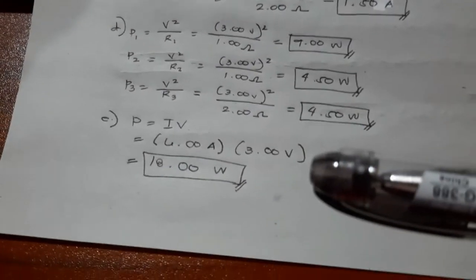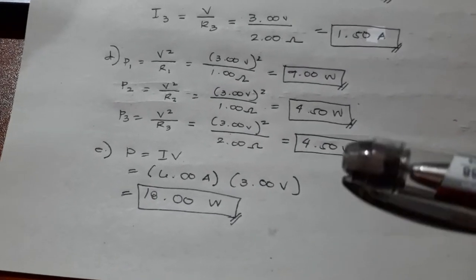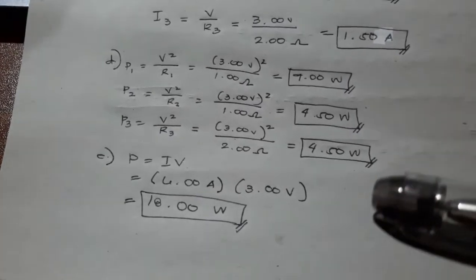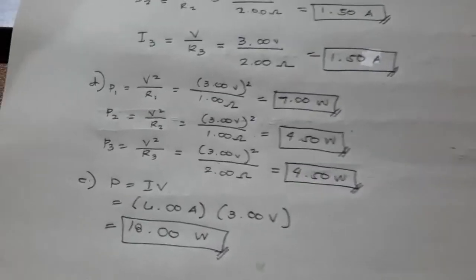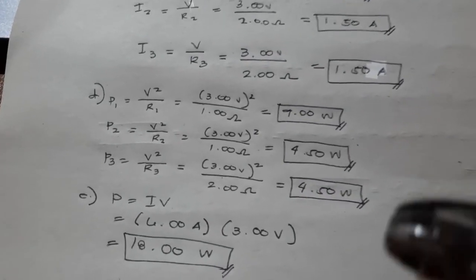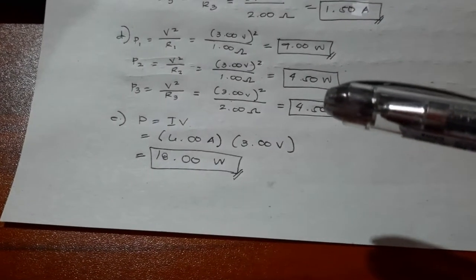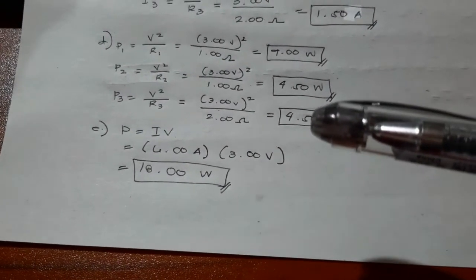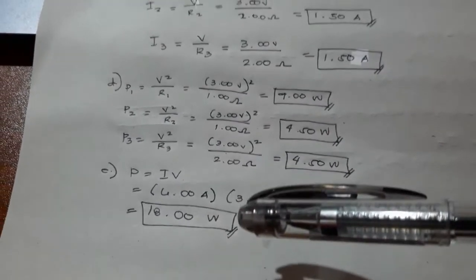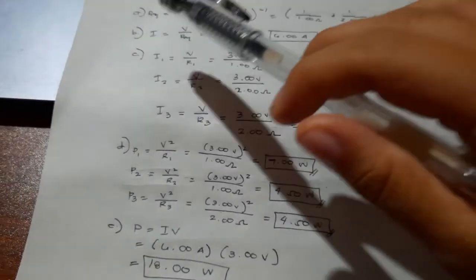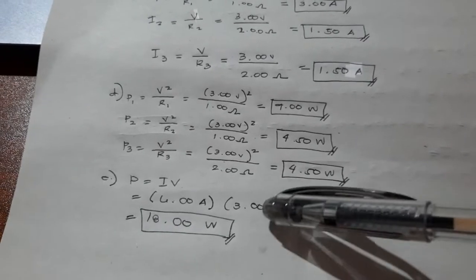So let's proceed to letter E. The total power can be calculated in several ways. Choosing P equals I times V and entering the total current yields: our I, which we got in letter B earlier, is 6 ampere, times our volts, 3 volts.